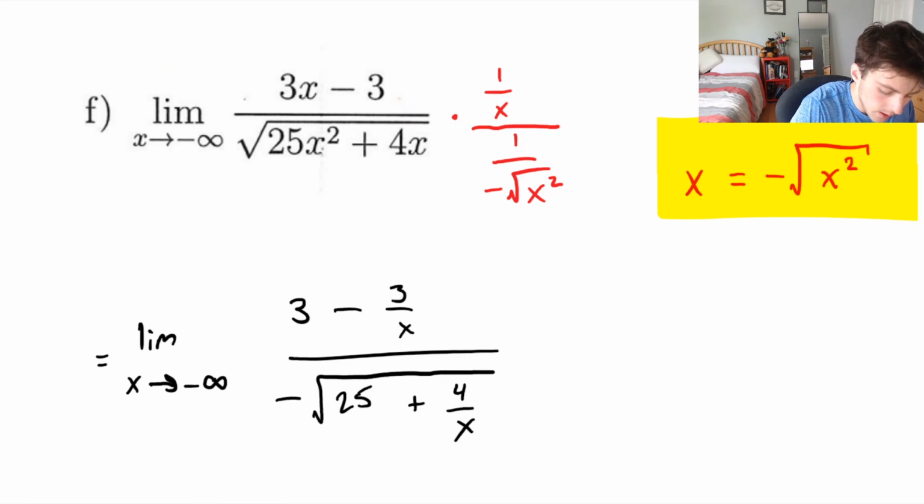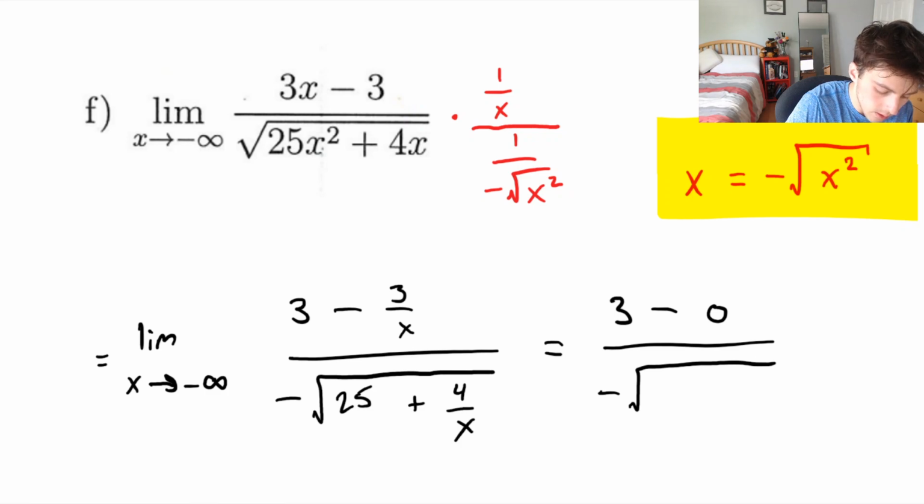Okay. And we can actually evaluate this limit now. There's nothing stopping us from evaluating this. So we get 3 minus 3 over negative infinity. That's going to be 0. So we get 3 minus 0 over negative square root of 25 plus, and then 4 divided by negative infinity.